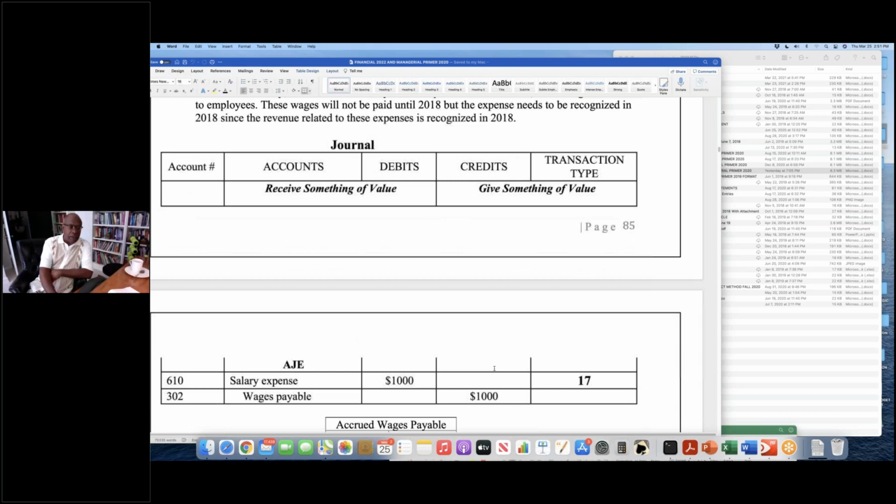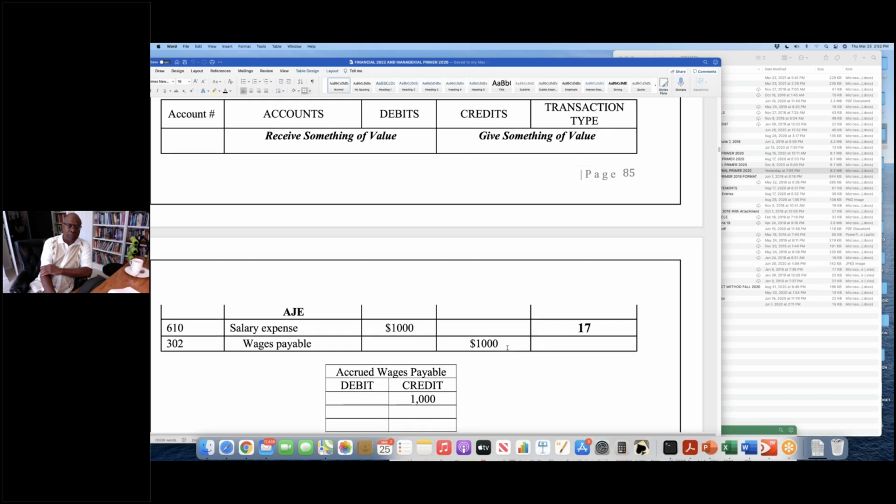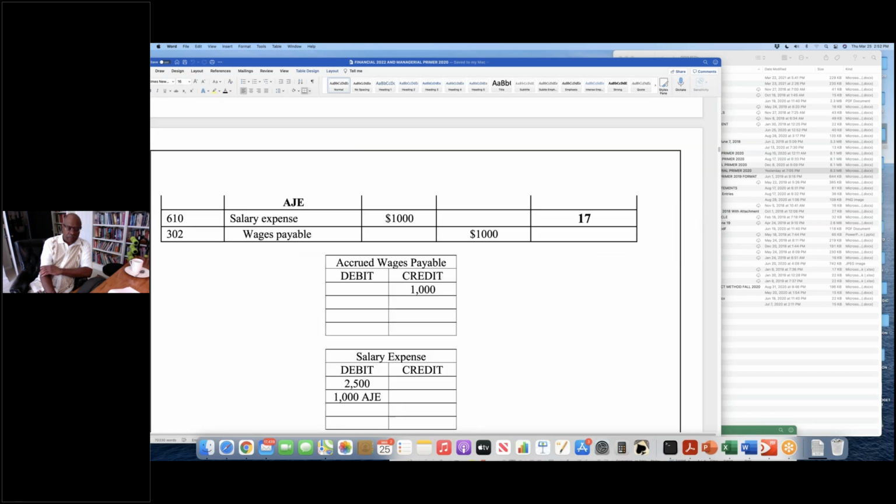Then when those 2 days end, since the company has to close its books, it makes this AJE. It debits salary expense and credits wages payable for 1,000. So on December 31st, the company has incurred $1,000 in expenses, and it owes $1,000 in wages. And so it's going to make this AJE debiting salary expense and crediting wages payable.